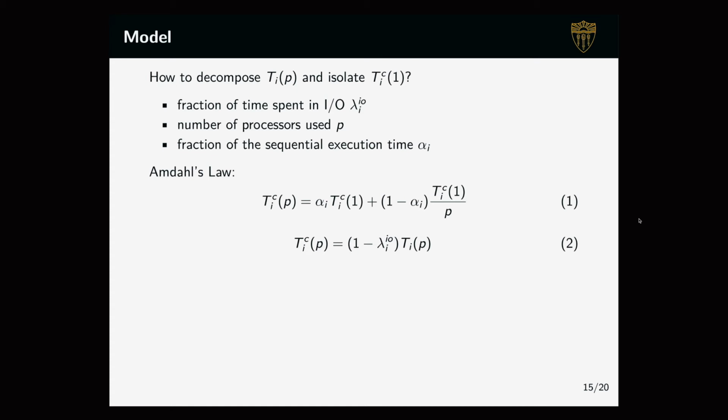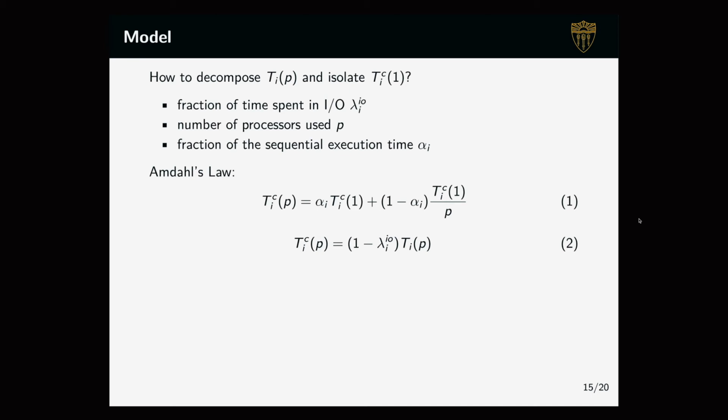We do that with the famous Amdahl's law, which states that T_i^CP equals the sequential fraction times the sequential time, so alpha_i times T_i^C1, plus the parallel part, 1 minus alpha_i times T_i^C1, divided by P. But we can also express the same quantity from an I/O perspective.